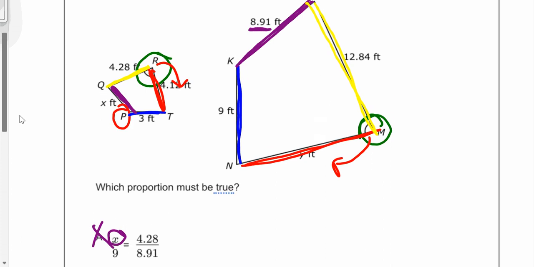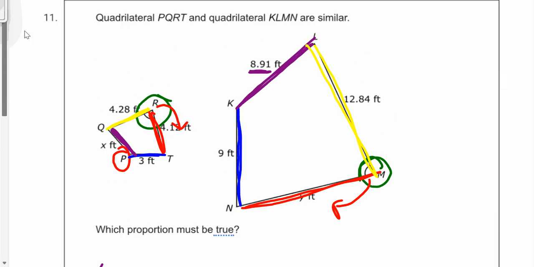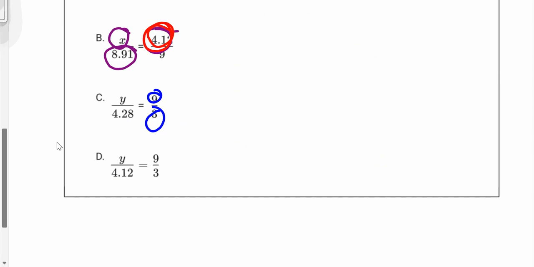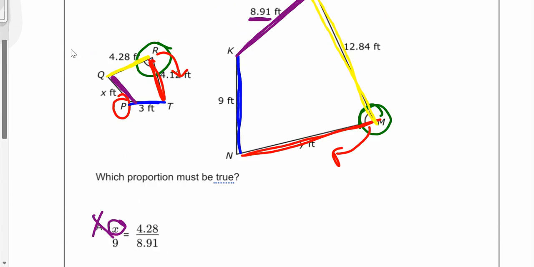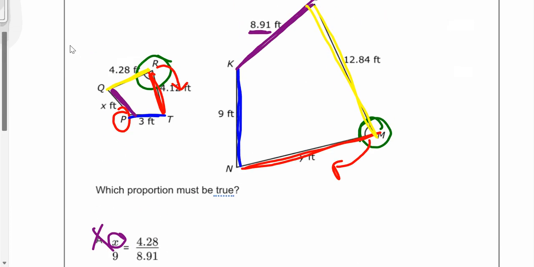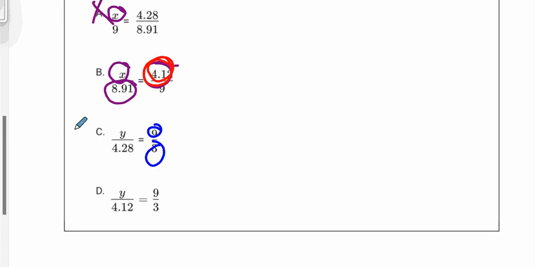9 over 3 can go together. Those are corresponding sides, 9 and 3. And y, that's my red side, and 4.28. Okay, those can't go together either. Going to my last one, 9 and 3 once again can go together.